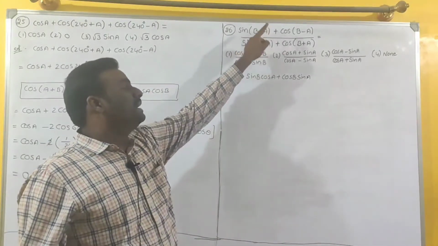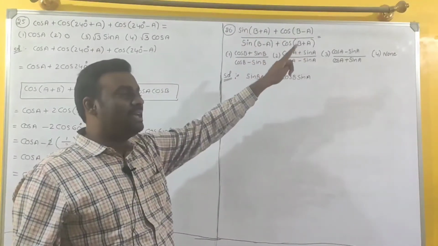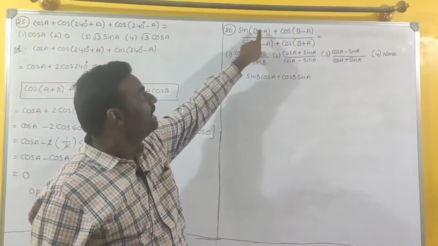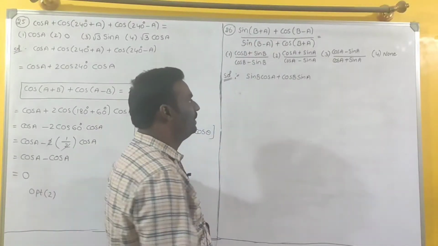Sin of A plus B can be written as sin A cos B plus cos A sin B. But in place of A, B is there. In place of B, A is there.